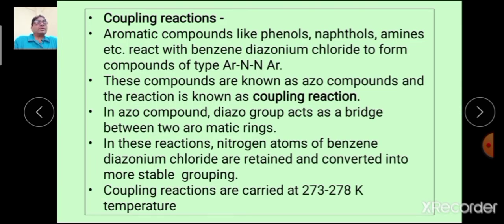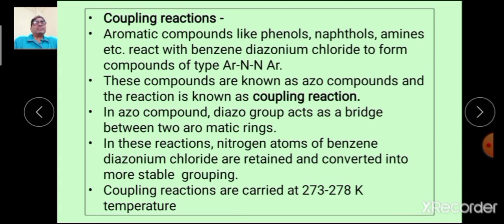Now another important reaction of benzene diazonium chloride is coupling reactions. Aromatic compounds like phenols, naphthols, amines react with benzene diazonium chloride to form compounds of the type Ar-N=N-Ar.